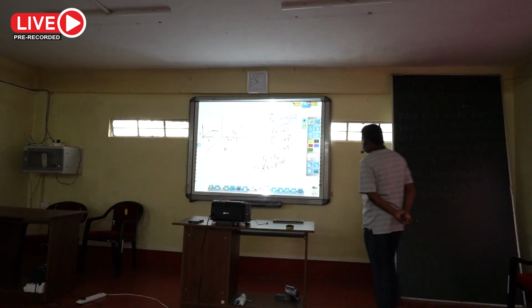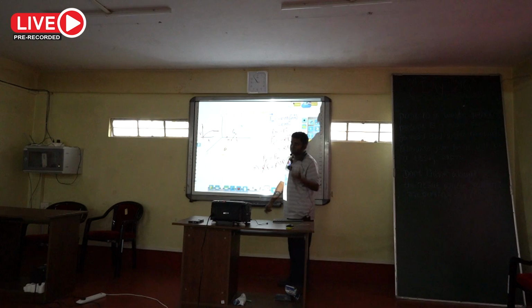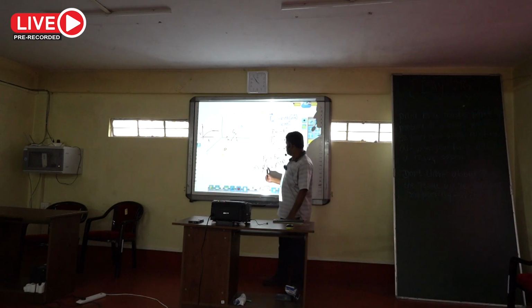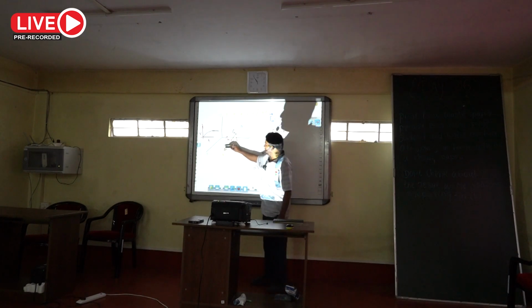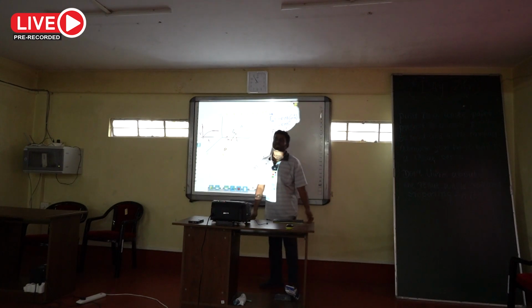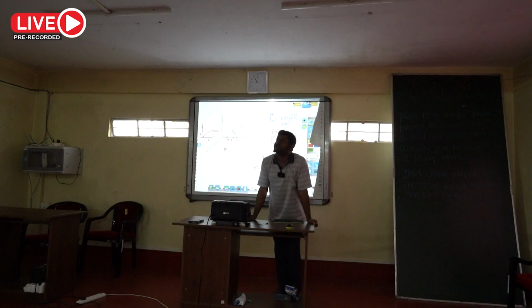Now, suppose the length of the conductor is L. Then this electric field E can be written as the potential difference between two ends divided by length, because we have earlier seen that electric field equals minus dV/dr.